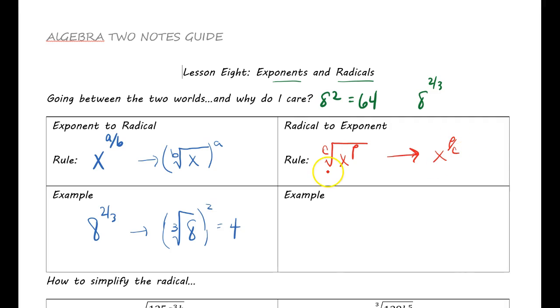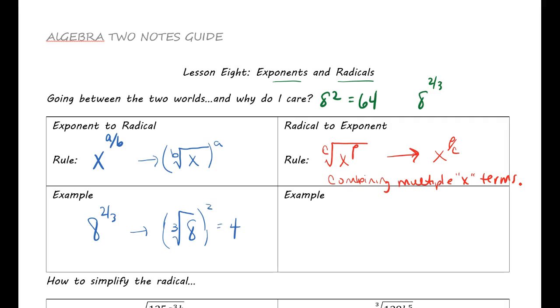Now, I don't use this a lot. The only time I use this is if I am combining many terms, multiple x terms. I'll show you an example of what I'm talking about.